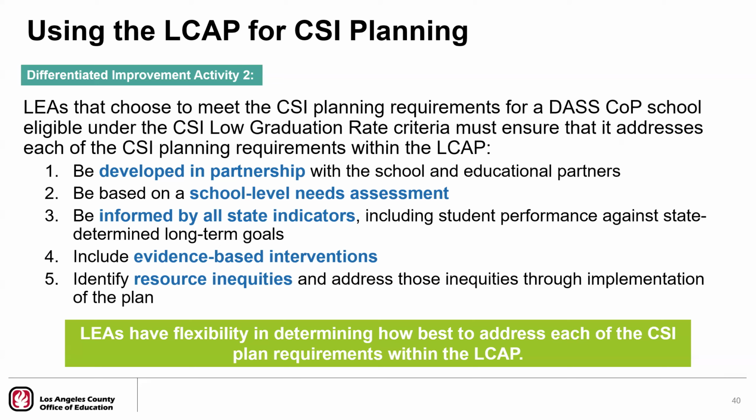Instead, the CSI planning requirements must be embedded within the LEA's LCAP. There are 5 CSI planning requirements that must be addressed. LEAs have the flexibility to determine how to address these CSI requirements within the LCAP as long as all 5 requirements are addressed somewhere in the plan.